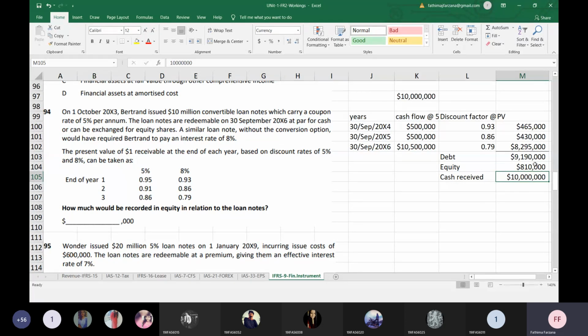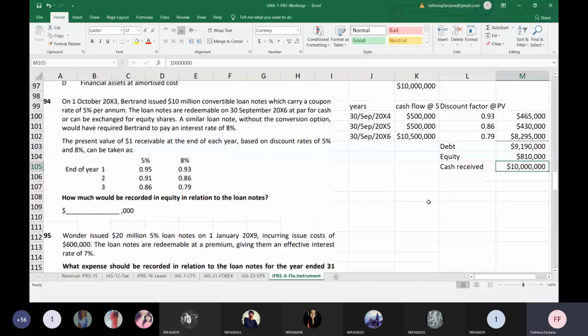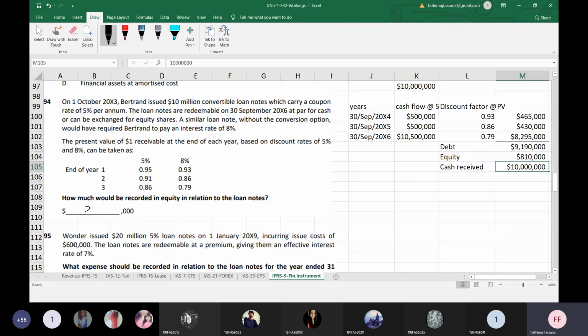So $810,000 worth of equity I have to issue. It has an equity component of $810,000. This is the initial recognition. Here, you have to remove 3 zeros. Be careful whenever such a type of question is given. So you have to write 810. Can you understand?